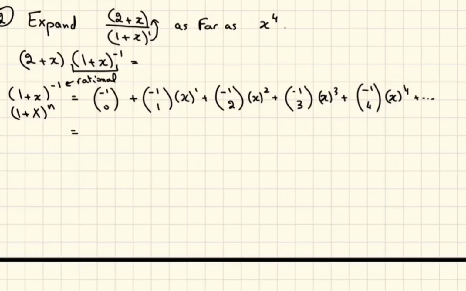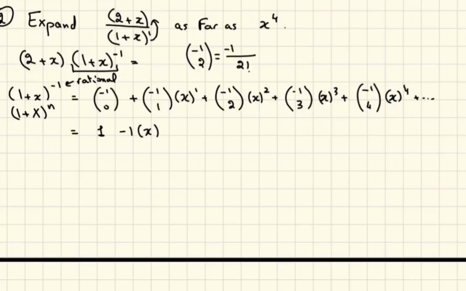Now negative 1 C 0, we should know that's exactly 1. Now nC1 is n, so in this case n is negative 1. No need to write plus negative 1. Directly you are allowed to write it as negative 1. So negative 1 multiplied by x. Now negative 1 C 2, we don't know this, so we have to apply the rule. 2 factorial down.